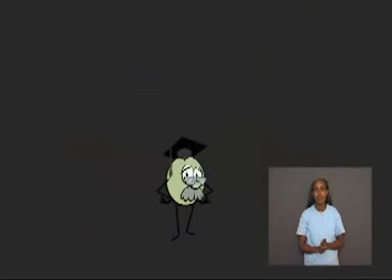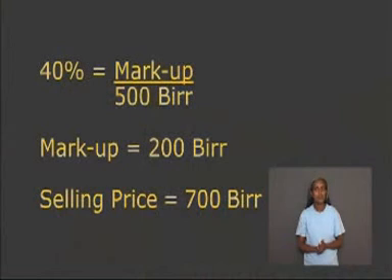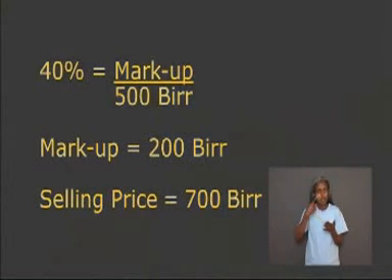Time's up. Let's get back to our lesson. Hello again, students. If the company marks up their prices by 40%, the selling price of the shoes is 700 birr.